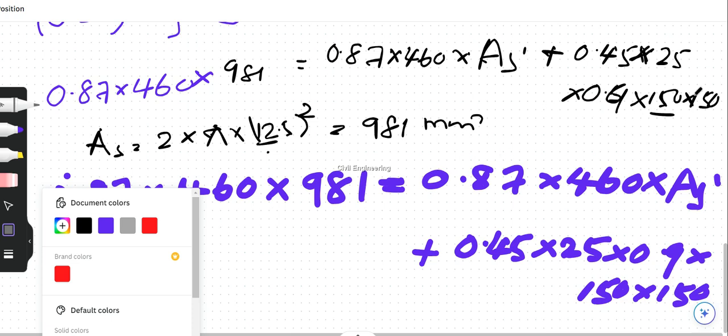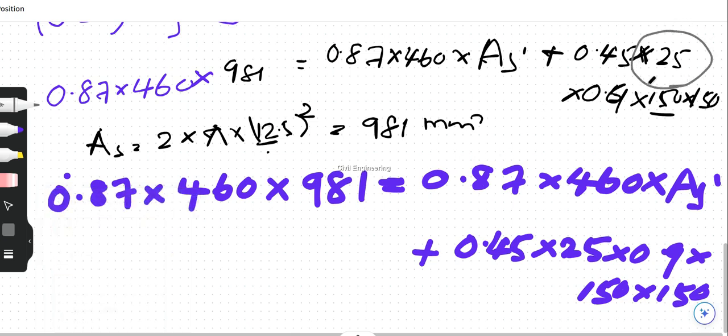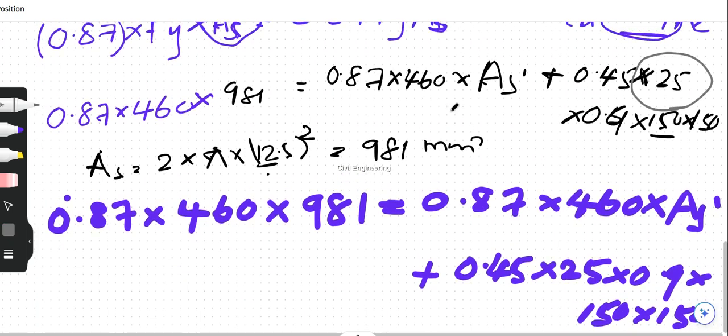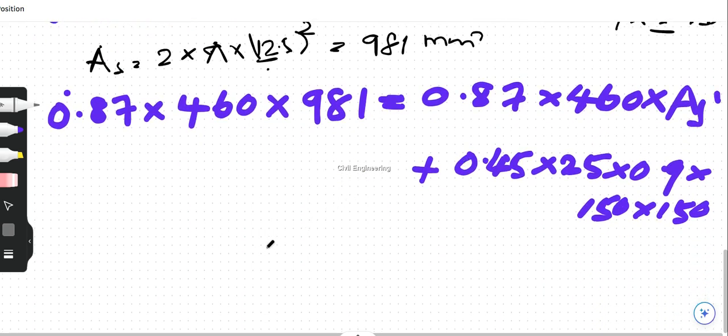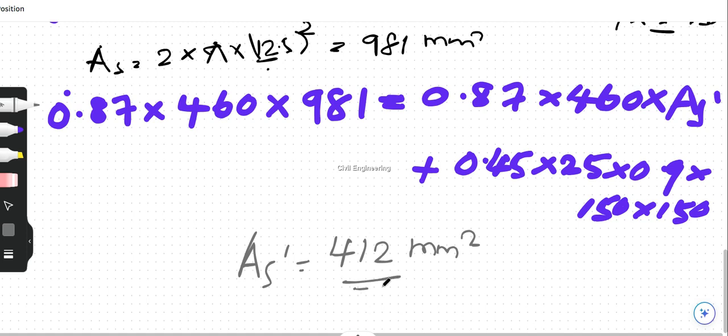Here this 25 is the strength of the concrete. Okay. Then we can find the value for As dash. We can take it as 412 square millimeters. It means we need 412 square millimeters of compression reinforcement to balance the beam section.